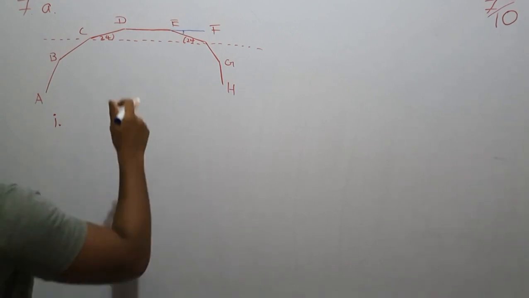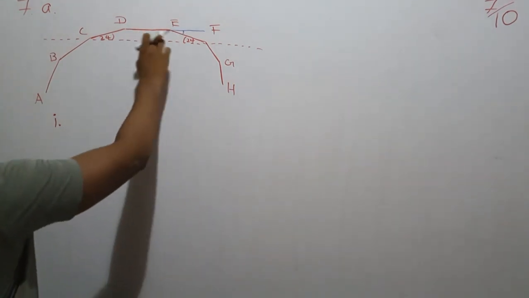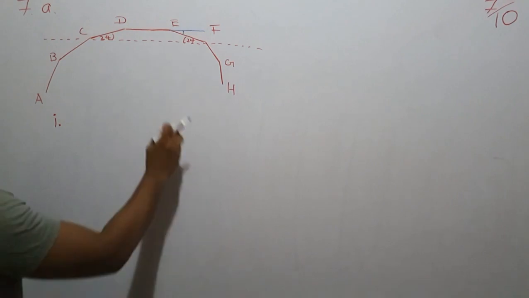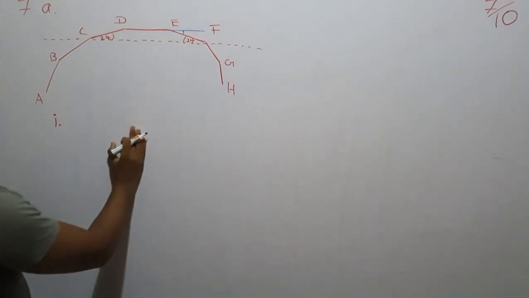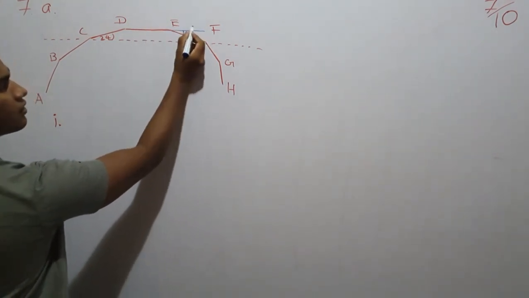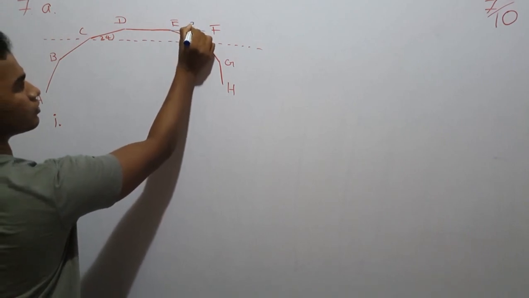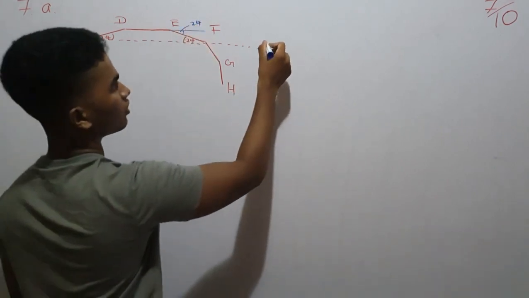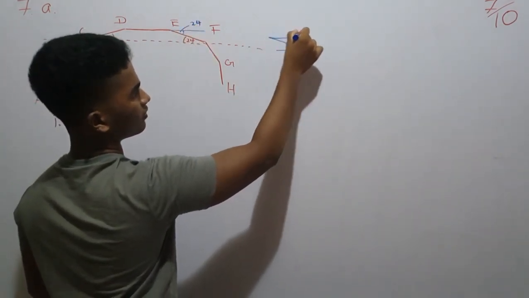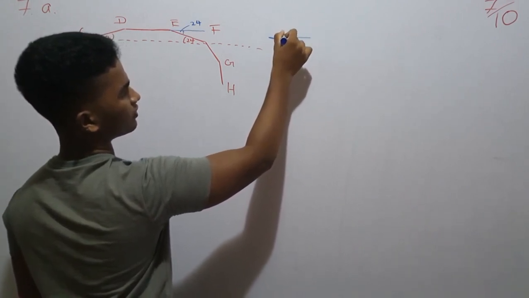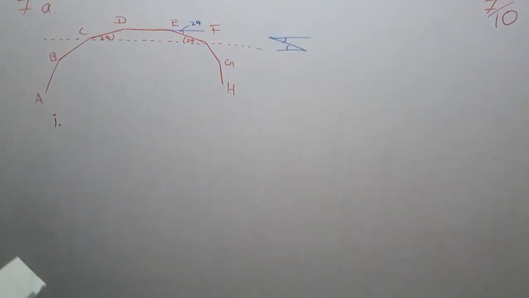So this is the exterior angle. Now you can see this line and this line are parallel. So what is this angle? It's 24. How did I get it? It's an alternate angle. This angle is equal to this angle. So you know the exterior angle now.